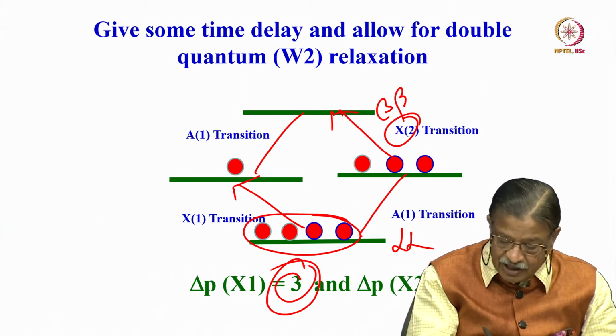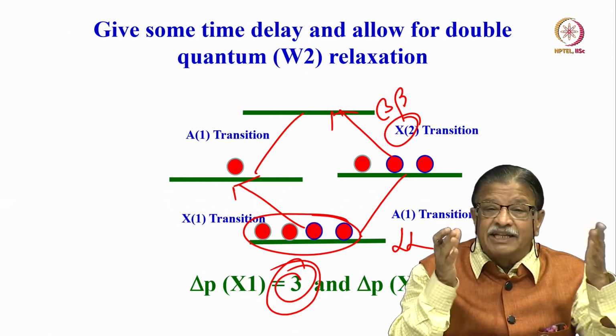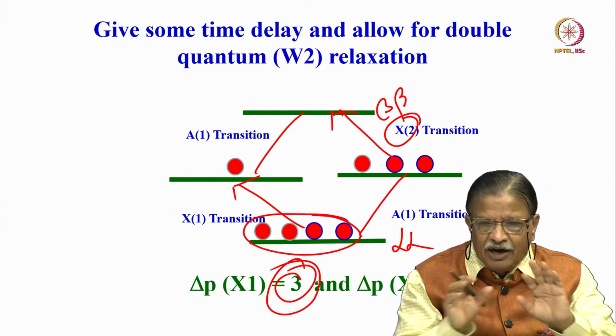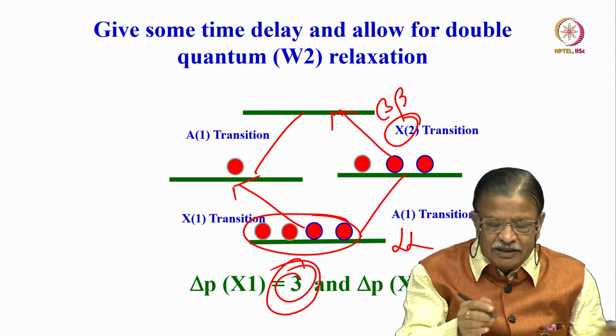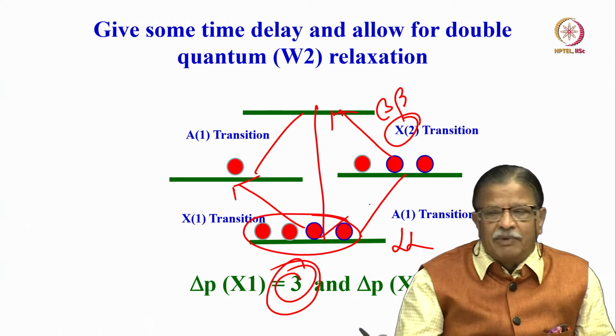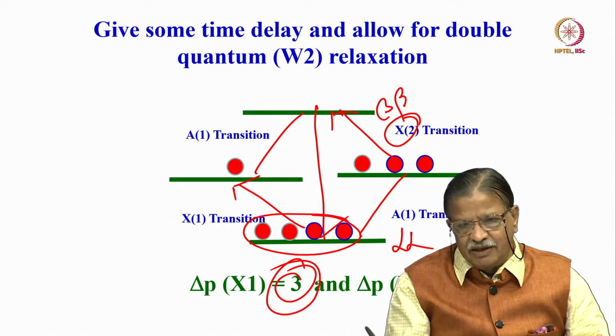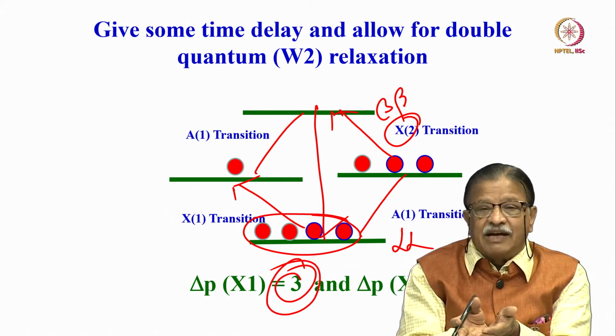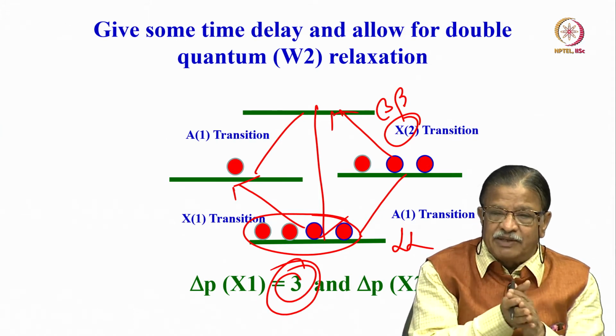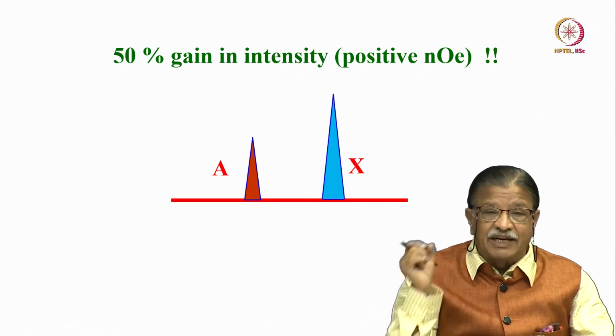But now you see there is 50% enhancement in the intensity. We did not do anything, we only assume that spins are relaxing through double quantum pathway. So, by irradiation of A spin, we saw enormous change in the intensity of the other spin which is close in space with it. So, there is a 50% rise.